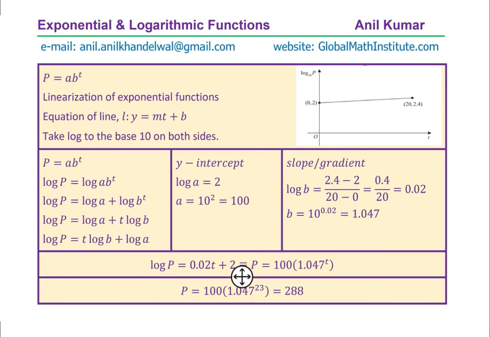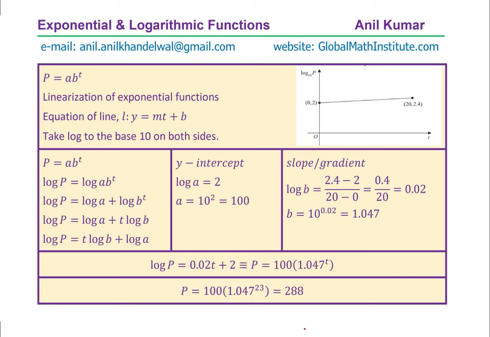Here is a neat solution for you, step by step. Just as I explained, we are given the function p equals a b to the power of t. Linearization of exponential functions, as we have done here, helps us to interpolate and extrapolate, and that is the importance of this. We need to find the equation of this particular line shown in the form of y equals mt plus b, where m is the gradient, b is the y-intercept.